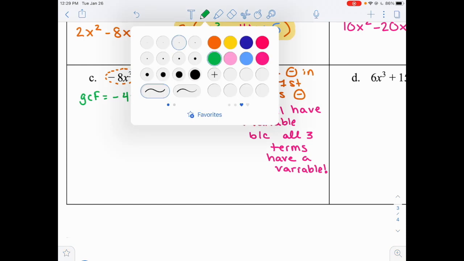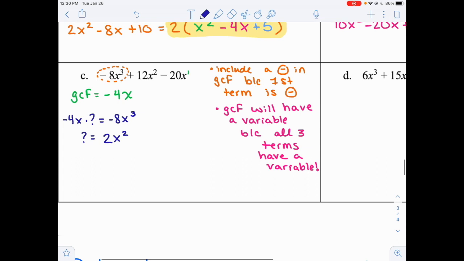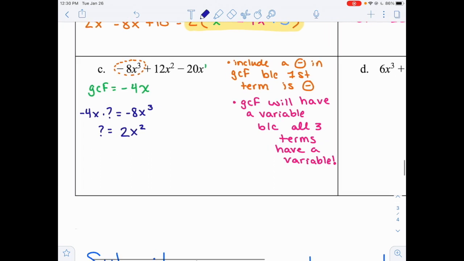So now we want to figure out the GCF times what gets me negative 8x to the third. So to make x to the third, I'm going to have an x squared. And then negative 4 times something is negative 8. Negative 4 times 2 is negative 8. So 2x squared.